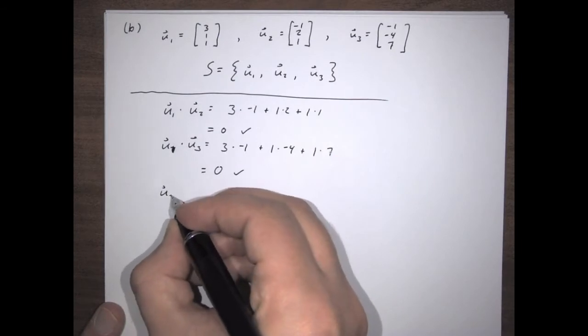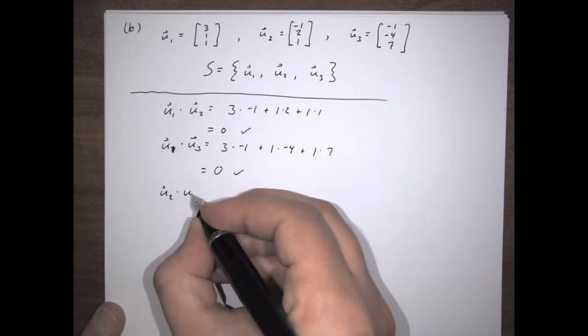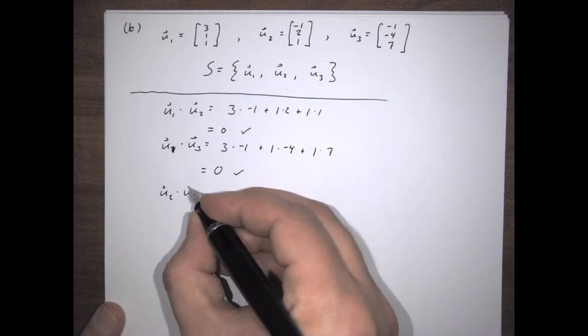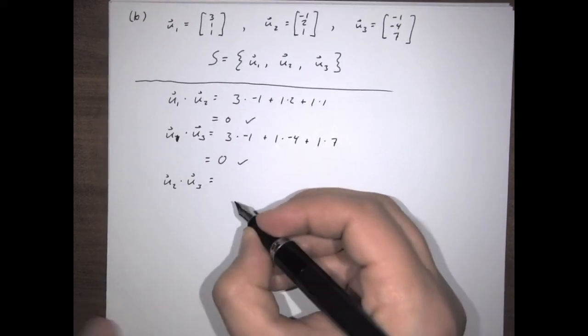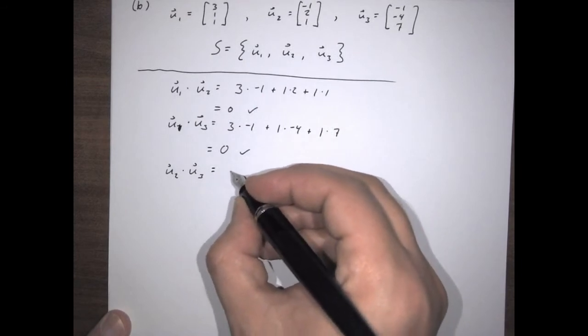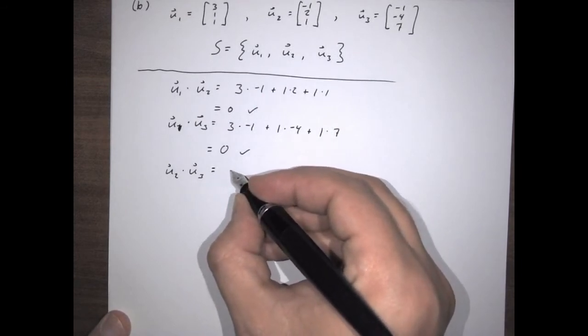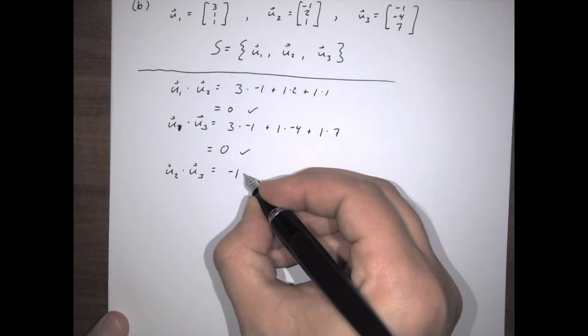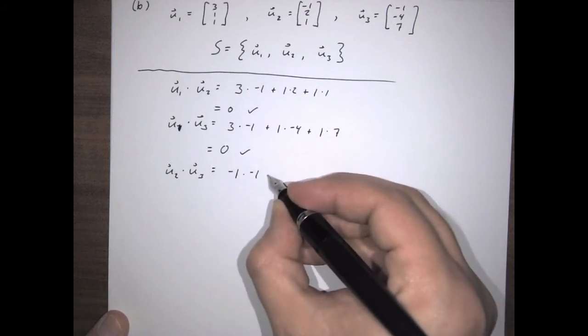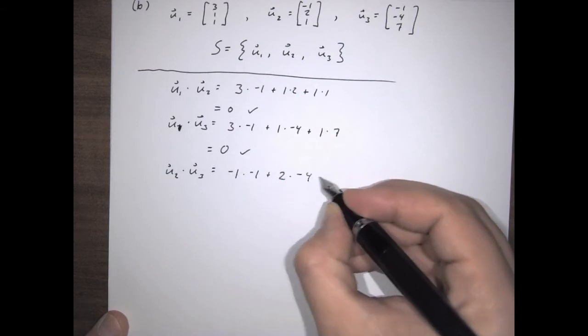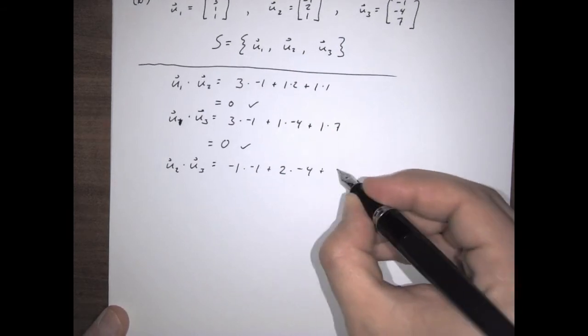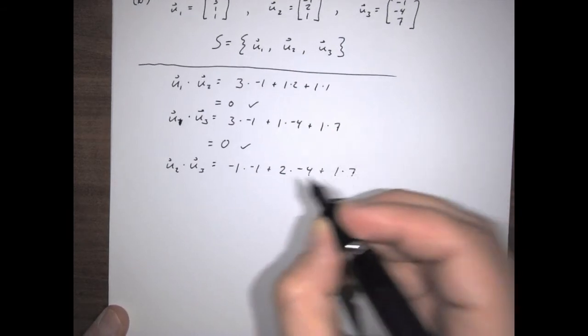Now we're in the all-important make-or-break third round here. So far, so good. Let's see if this one can also be good. So -1 times -1 plus 2 times -4 plus 1 times 7.